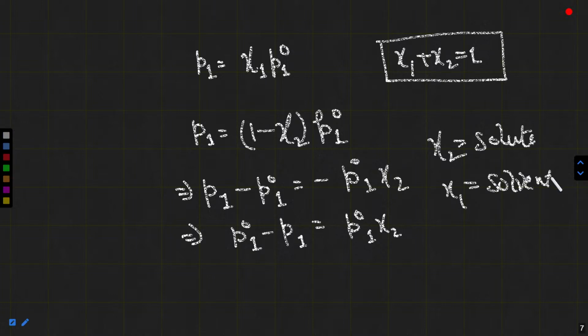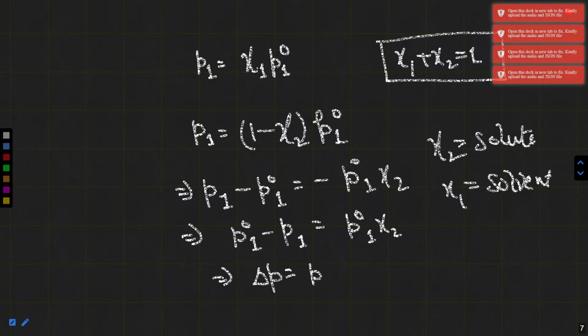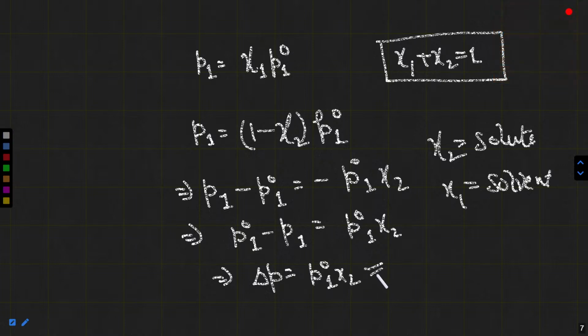Similarly, P1 is for the solvent and P naught 1 is for the pure solvent. So this is your Raoult's law. Now we can write this P naught 1 minus P1 as delta P, and this will be equal to P naught 1 chi2. So this was our equation.